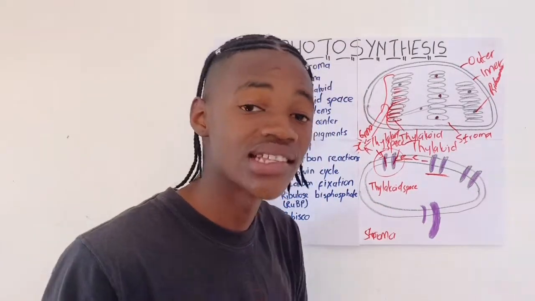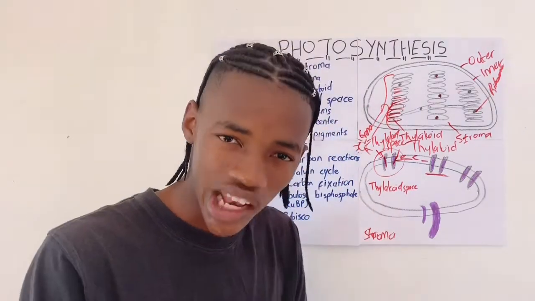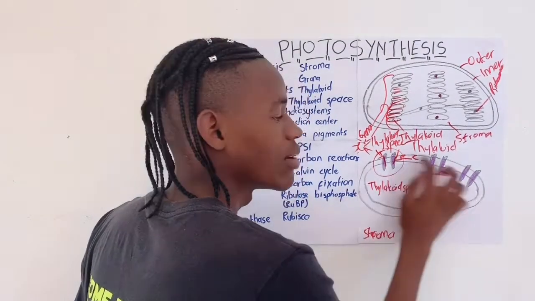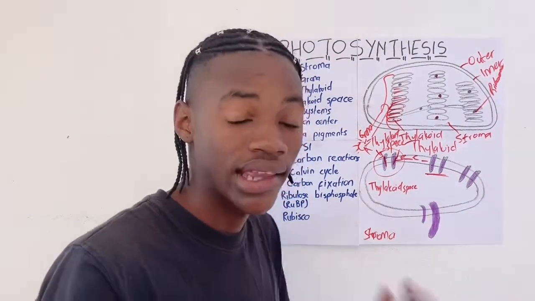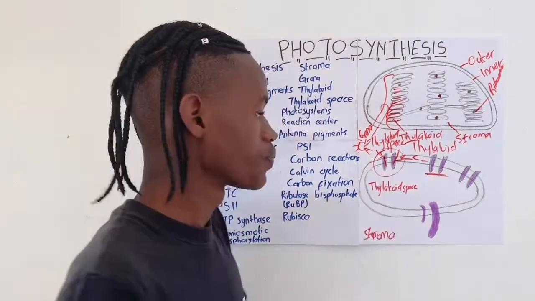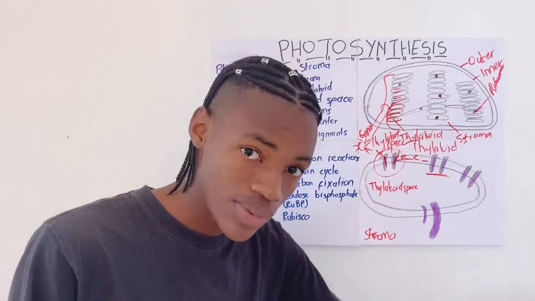And let me state this: the light reactions of photosynthesis occur on the thylakoid membrane. As you can see, this is within the membrane, and the membrane has proteins that help in photosynthesis.